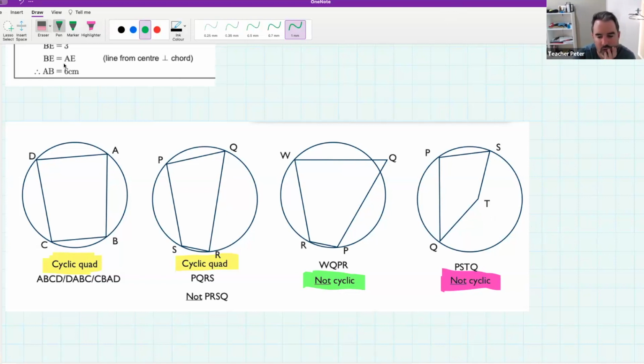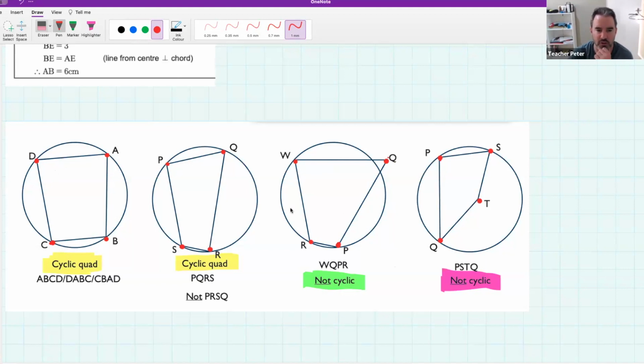So the opposite angles of the quad need to be equal to each other. Okay, that is for proving something is a cyclic quad, but the pure definition, what if I look at these red dots, what do you notice about the red dots for the two yellow ones versus the red dots for the green and the pink one?